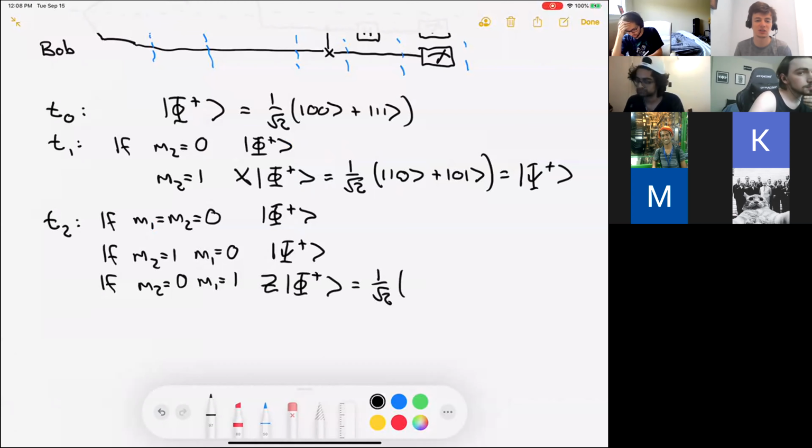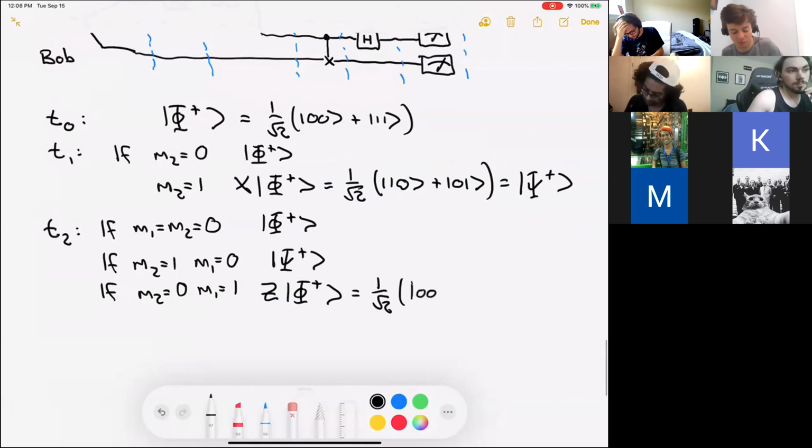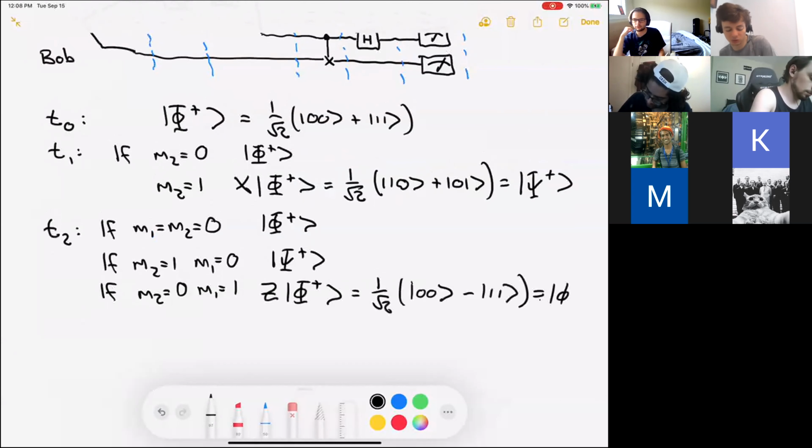Z acting on the first qubit of the 00 state. Someone? 00 stays 00, but what about 11? Minus. Goes to minus 11. Okay, so we just flipped the phase of the 11 term, and this state is normally called phi minus. Again, it's orthogonal to both phi plus and to psi plus.